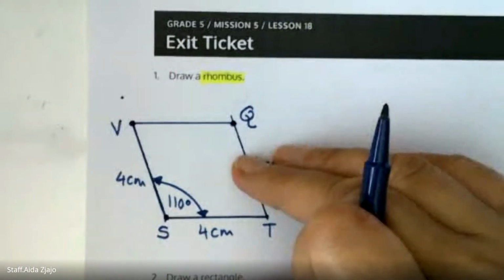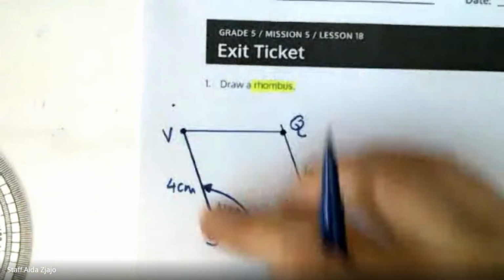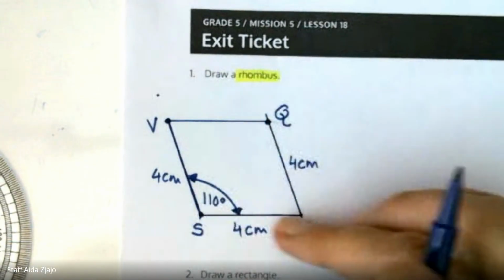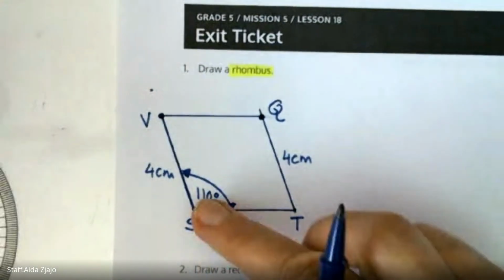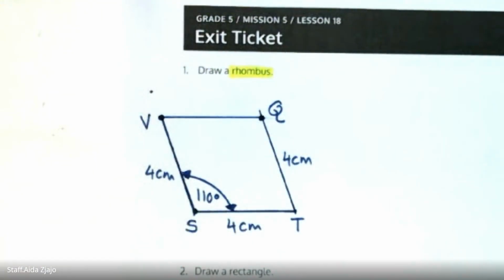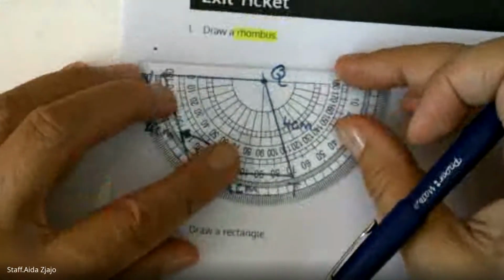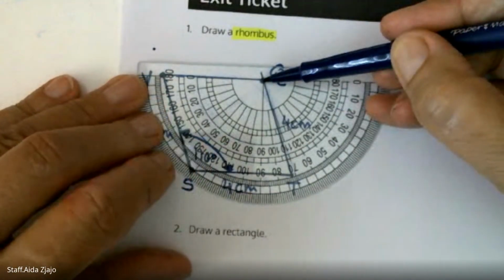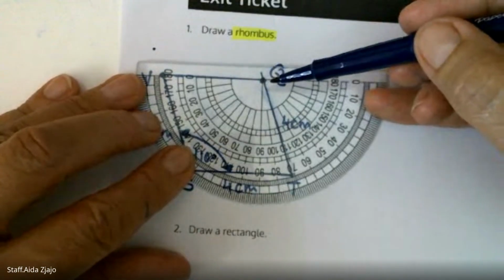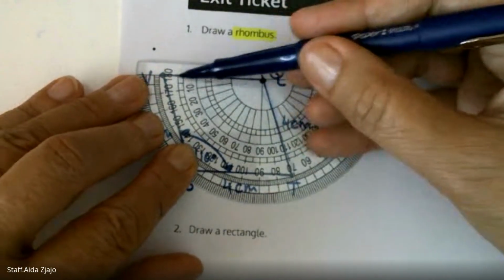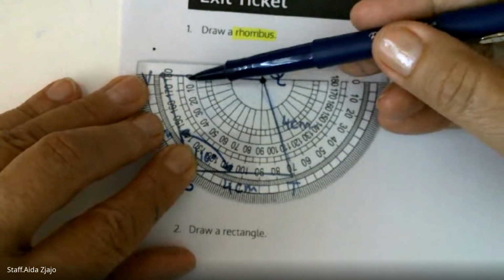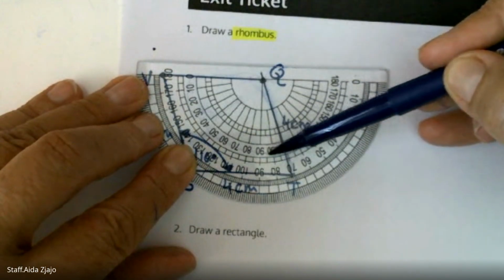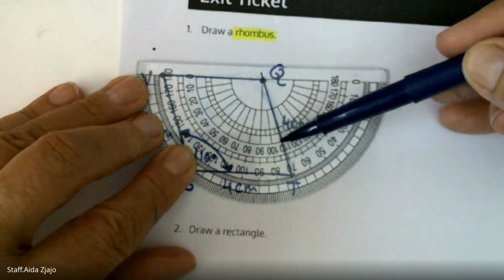So now I'm going to prove to you, because I made this parallel to this, two parallel sides, and this parallel. So this angle is 110, and the opposite to it has to be also 110. If I put this as a center and this is the zero line, I can see this is 10, 20, 30, 50, 60, 70, 80, 100, and 110.